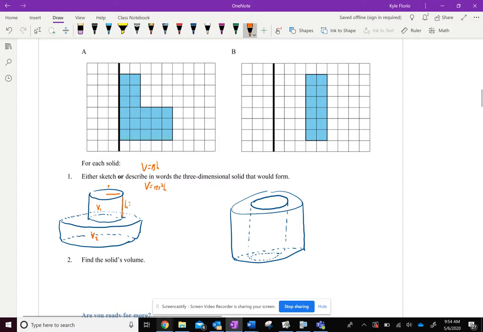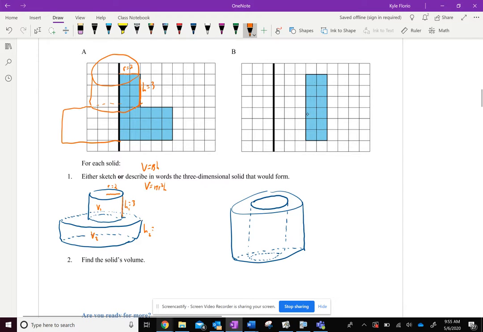Going back, this got spun and made the circle up at the top here, because it's going to look something like this. So this is the radius. The radius is 2. The height is whatever this is right here, and I'm just counting squares. That's going to be 3. The height for the bottom piece, I'll call height 1 and height 2.